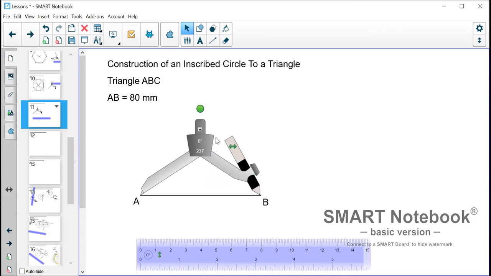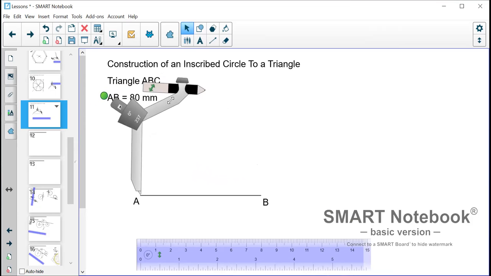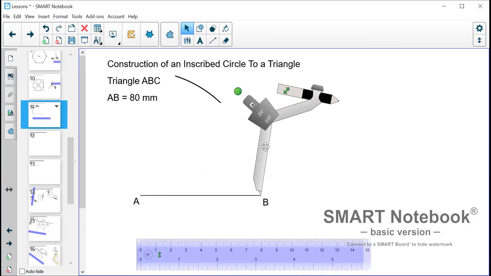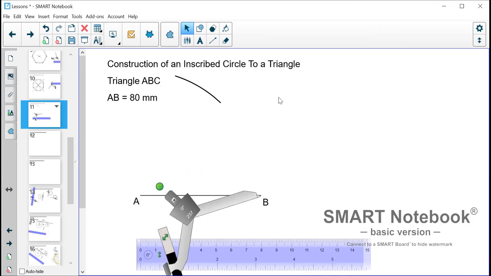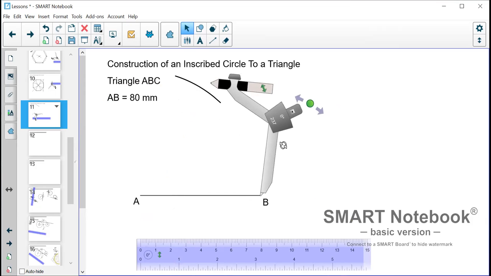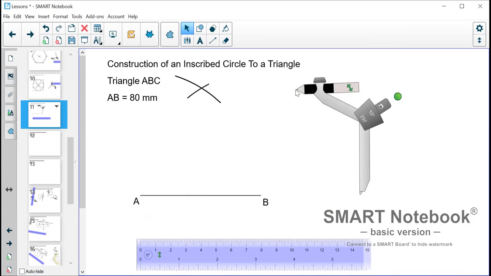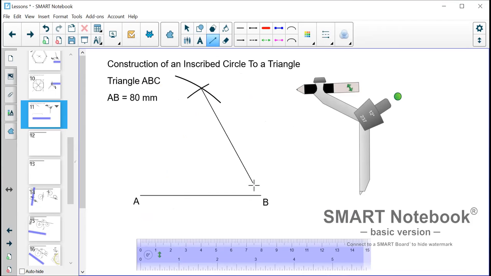So I scribe an arc above, and then I go from B and intersect that arc. All right, so that now will give me a triangle ABC.